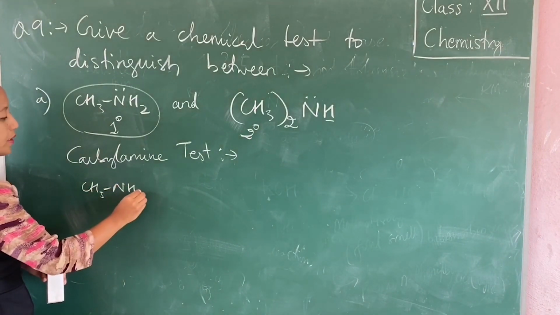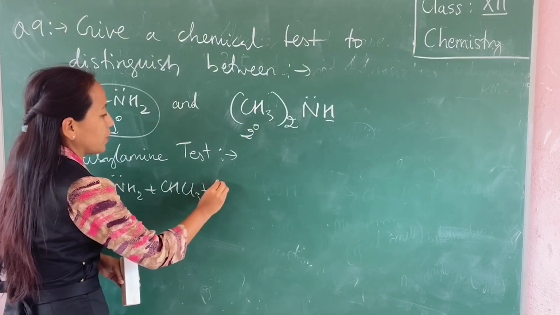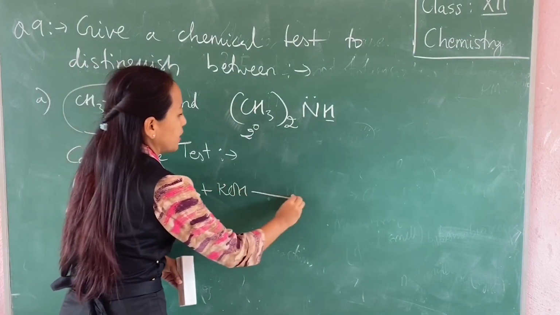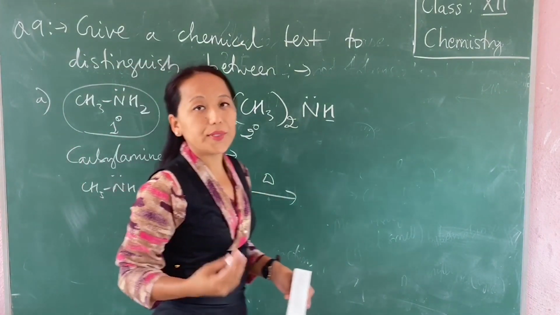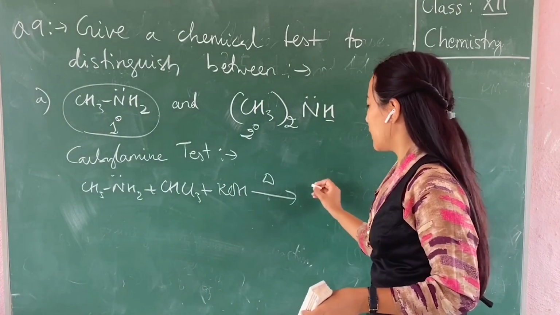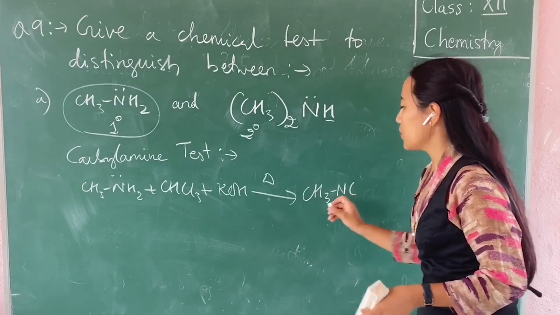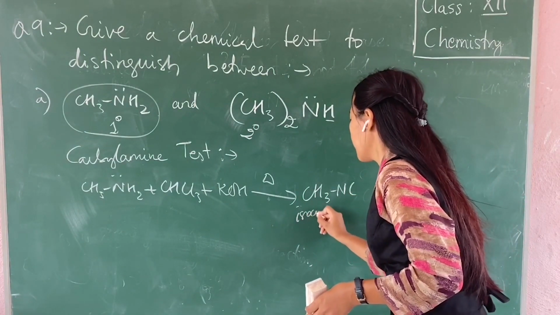CH3NH2, with chloroform CHCl3 plus ethanolic KOH, and you're going to heat it, you will get a product which gives a very offensive smell. So in this case, I'm getting CH3NC, that is isocyanide compound is formed.